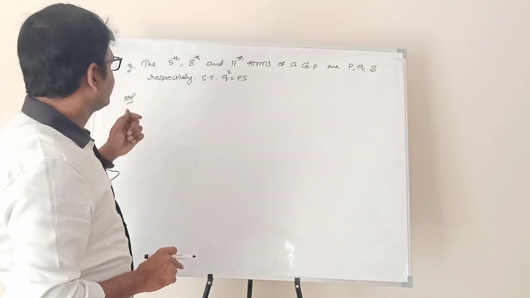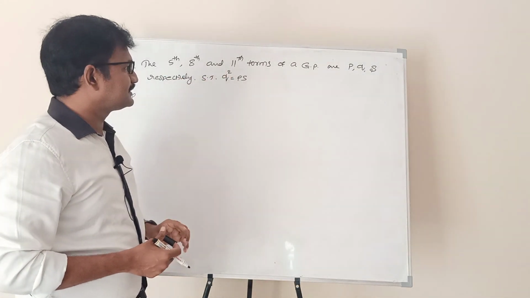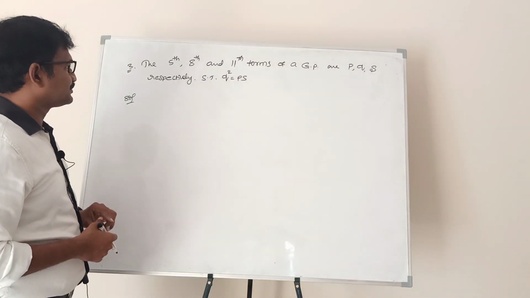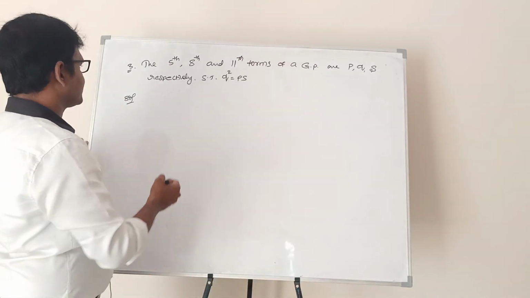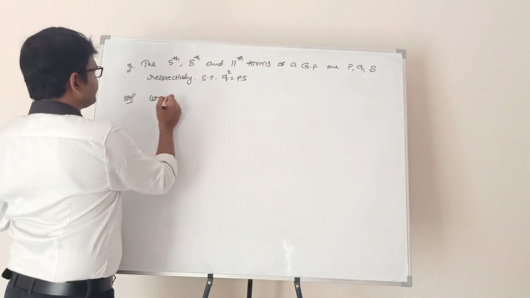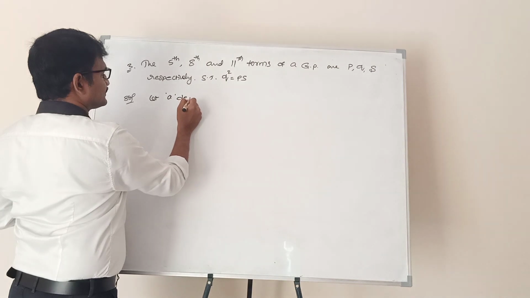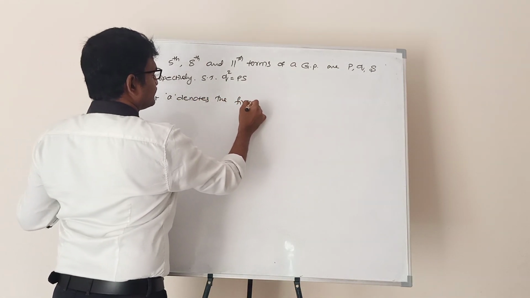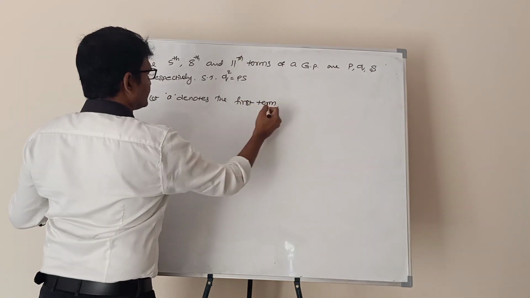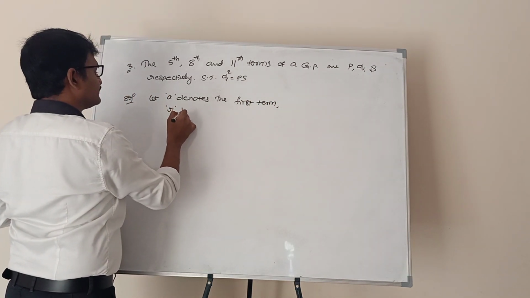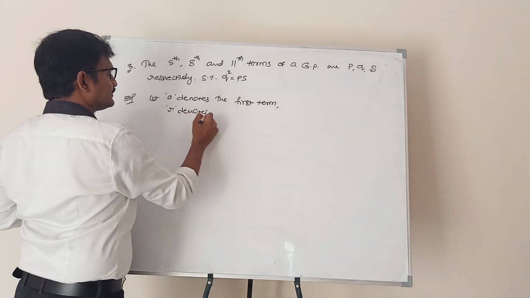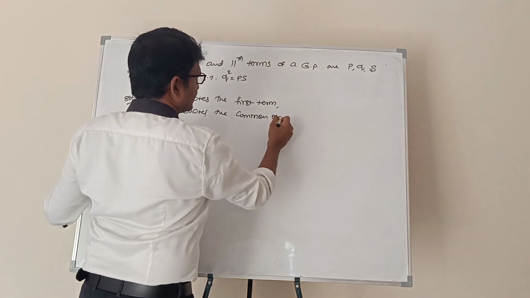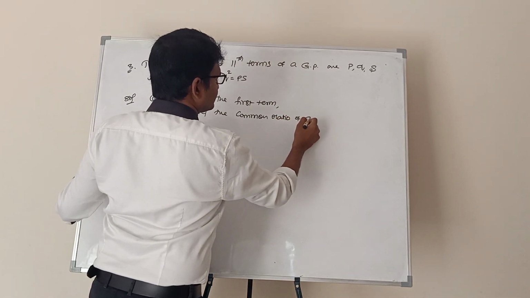Next, third problem. The 5th, 8th and 11th terms of a GP are P, Q, S respectively. Show that Q square equal to PS. Let A denote the first term, R denote the common ratio of the GP.